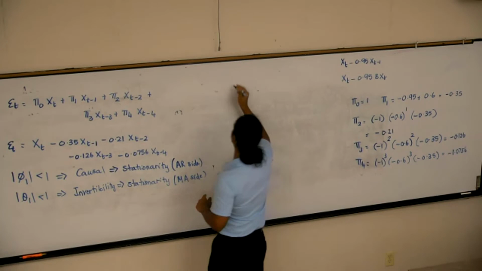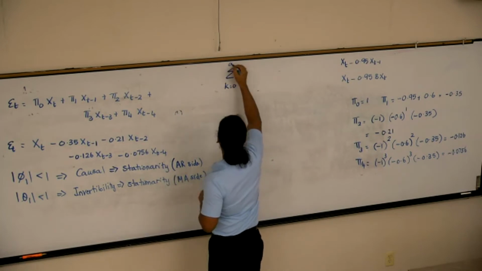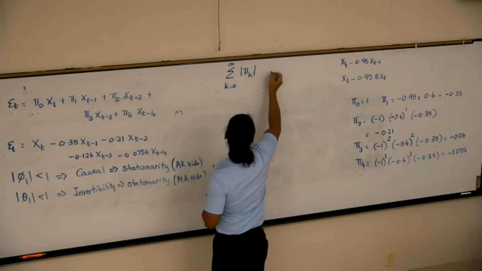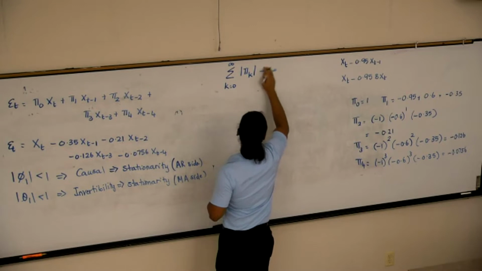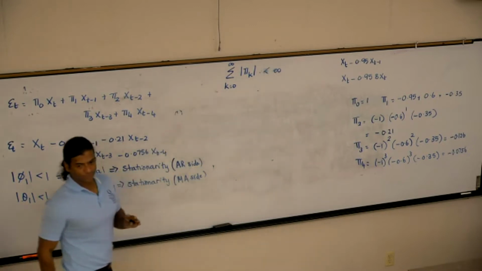Absolutely summable simply means if I sum all the pi weights, their absolute values, that has to be less than infinity, right?